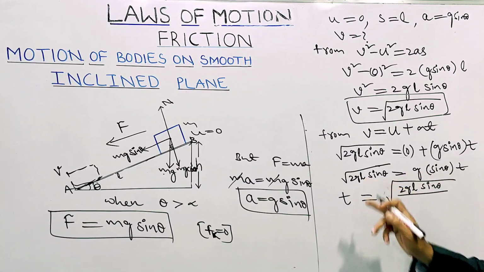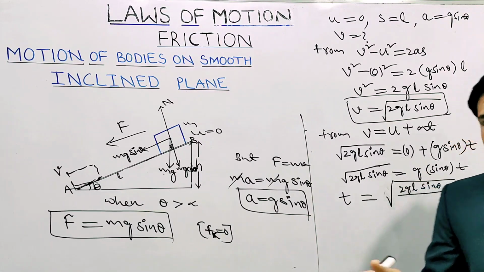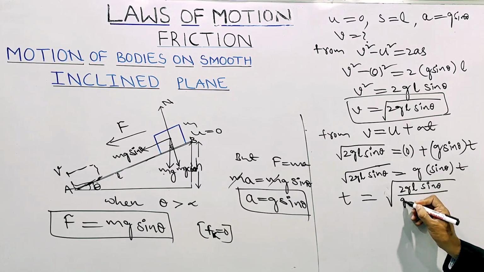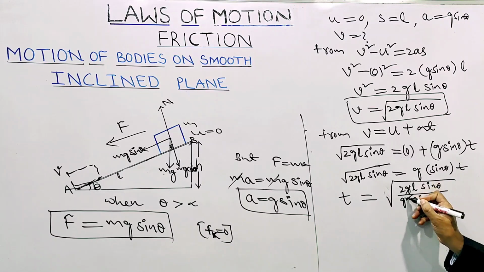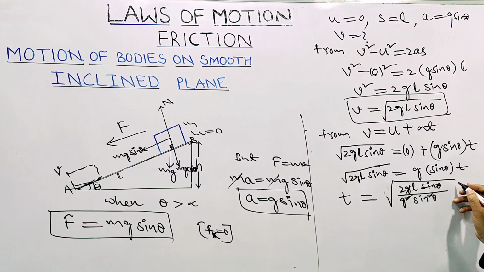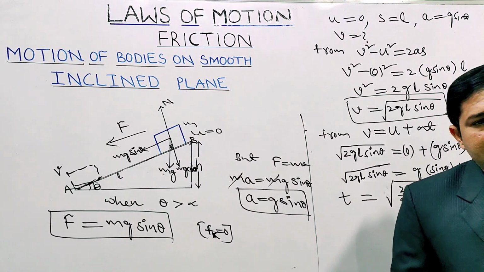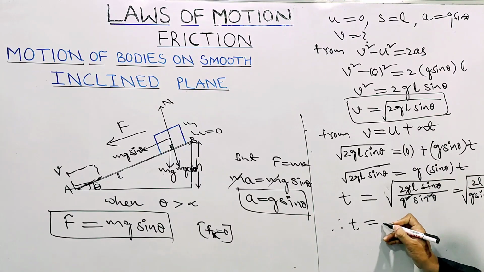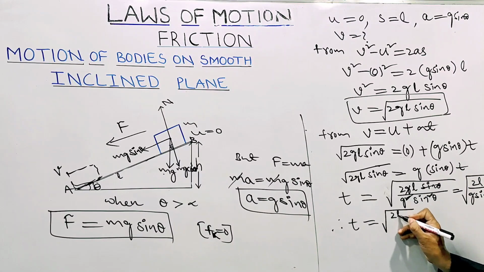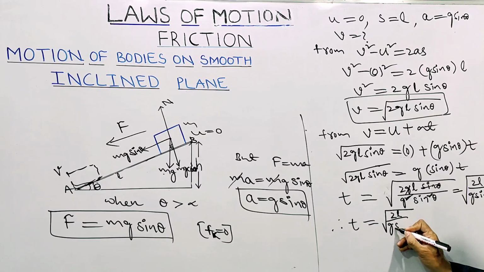I am taking g sin theta inside the root, so squares I will take: g square sin square theta. One g gets cancelled, one sin theta gets cancelled. So the answer is 2L by g sin theta. This is the time formula: t equal to under root 2L by g sin theta.